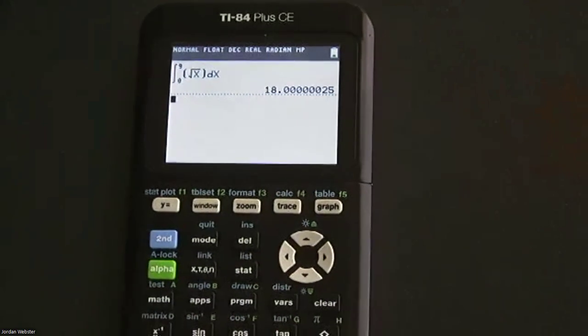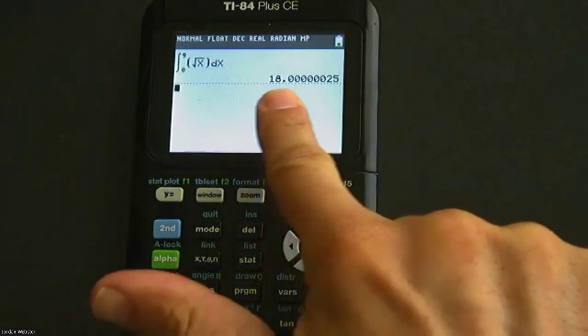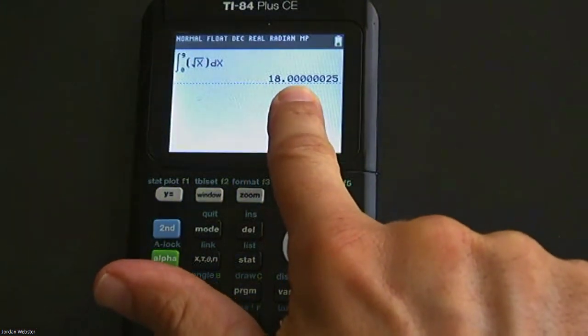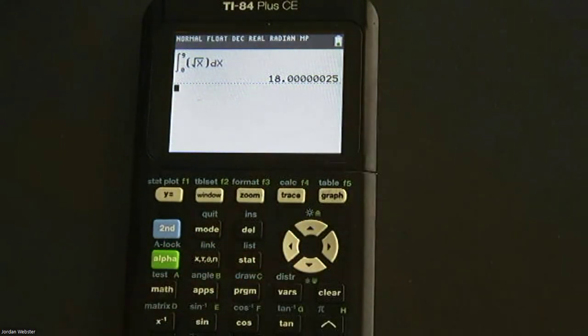Now, usually it's not going to be too far off of what the actual integration is. So in my classes, you round to 2 decimal places. So obviously that would be the same as 18 when you round to 2 decimal places.